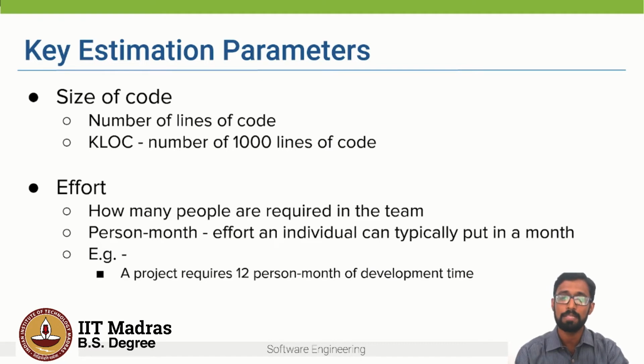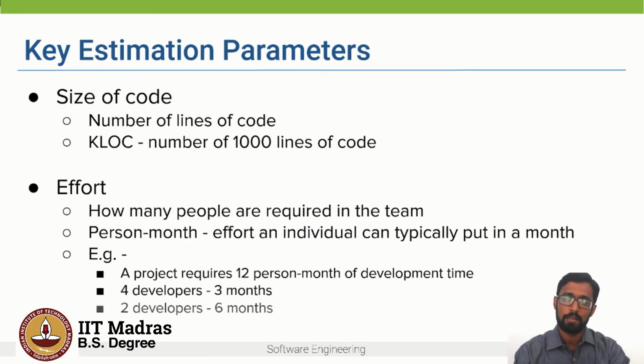What that means is, if there are 12 people working on this project for 1 month, then this project can get completed, right? If we have only 4 developers, that means this project will require 3 months. And if we have just 2 developers, then it will require 6 months.